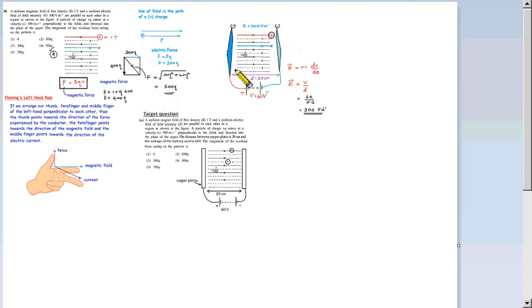And also I explained how to do this practically, and also I gave you a target question like this. So I think you are happy.